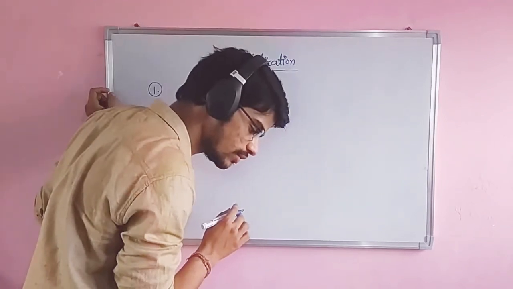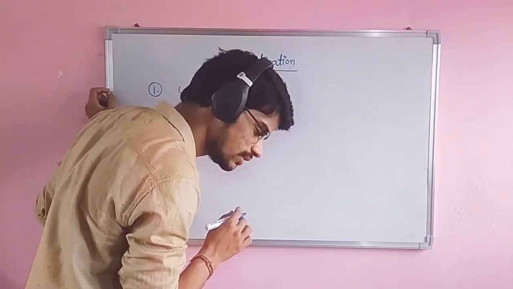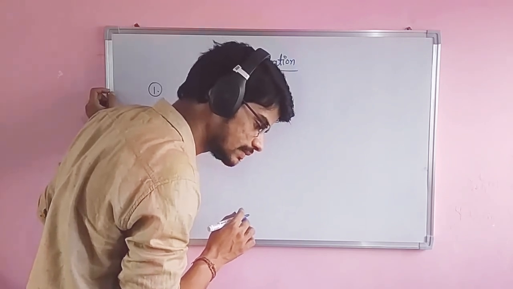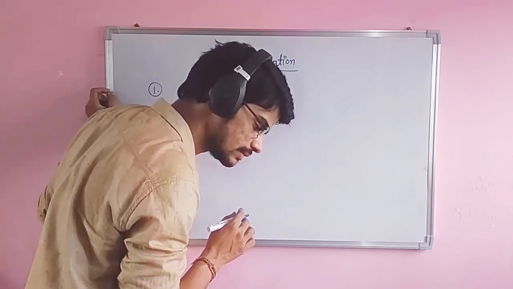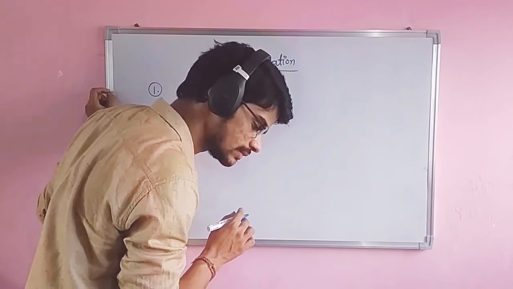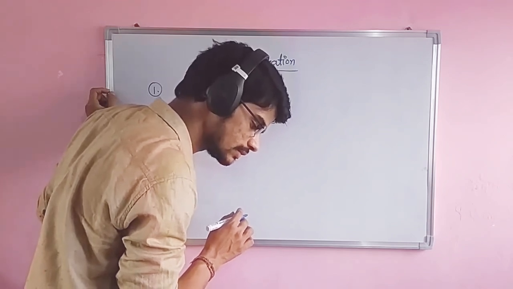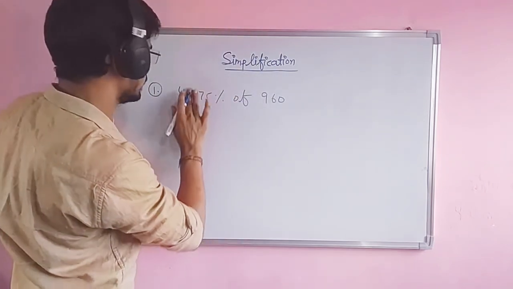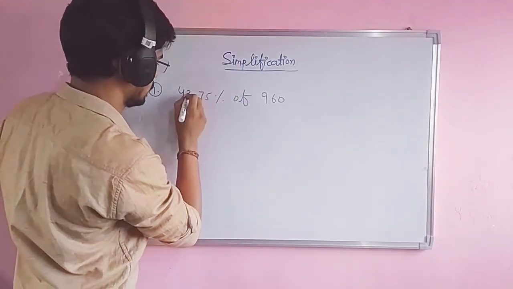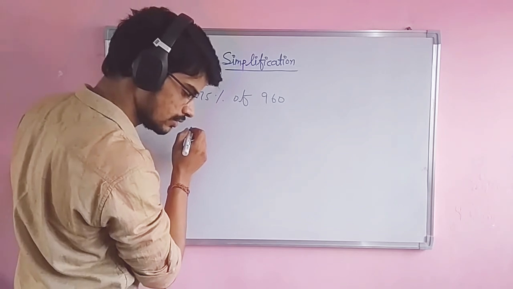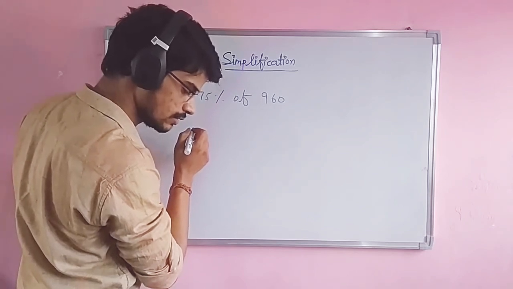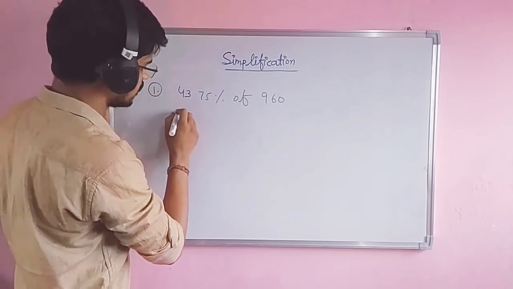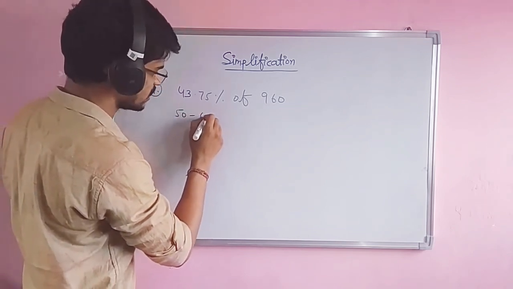No, it's not 42, it's 43. It's 43.75. Now we write in this form: 50 minus 6.25 percentage of 960.